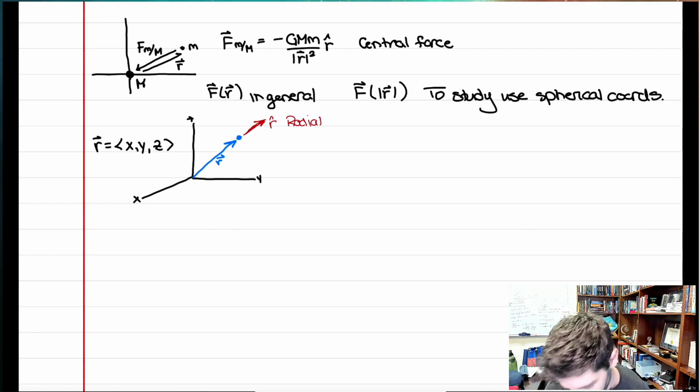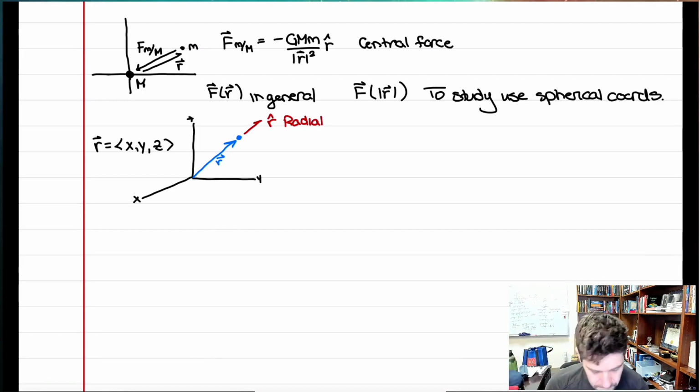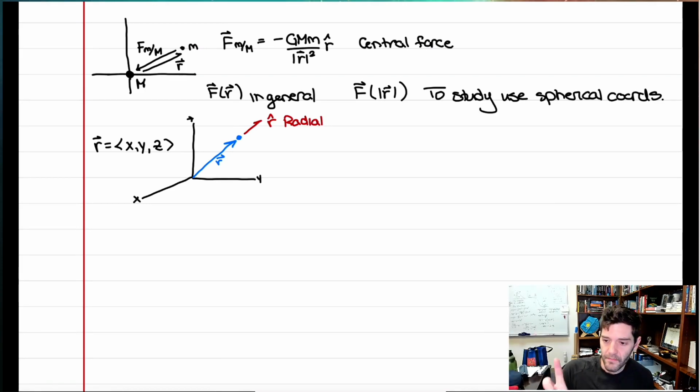That's going to be one of my axes. Let me redo that and be nitpicky here. So we got this, which I'm going to call little r hat, which is radial. And then, again, by the right-hand rule, I'm going to want to try to find two other perpendicular axes that have some sort of cyclic relation amongst them.